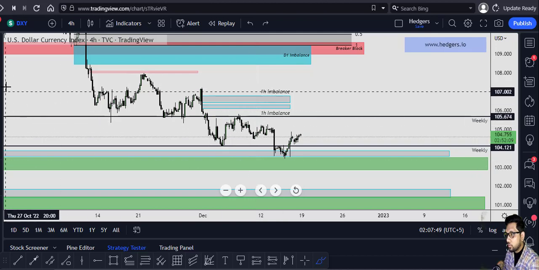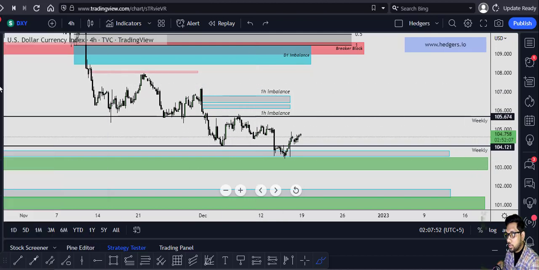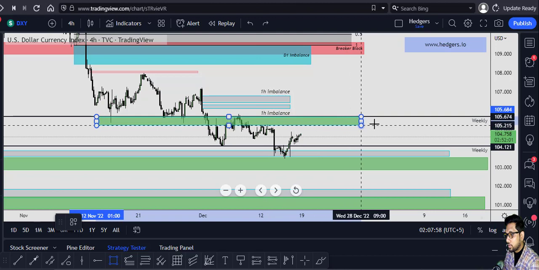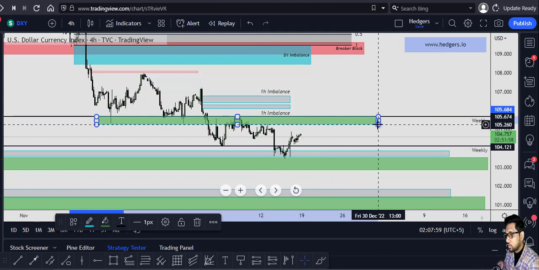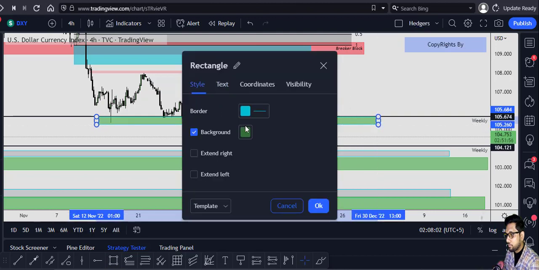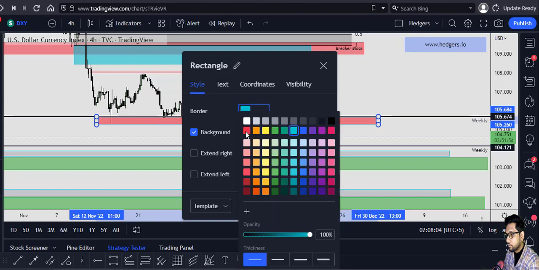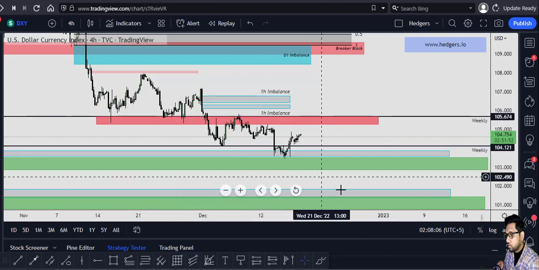So the first immediate support and resistance for the dollar index is this one.